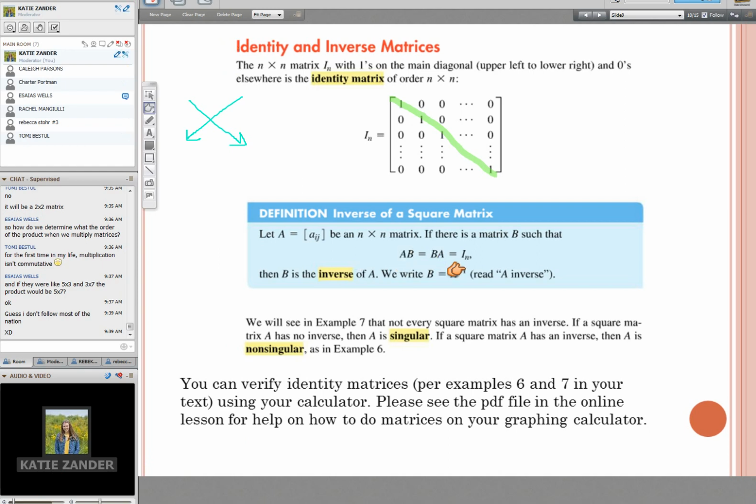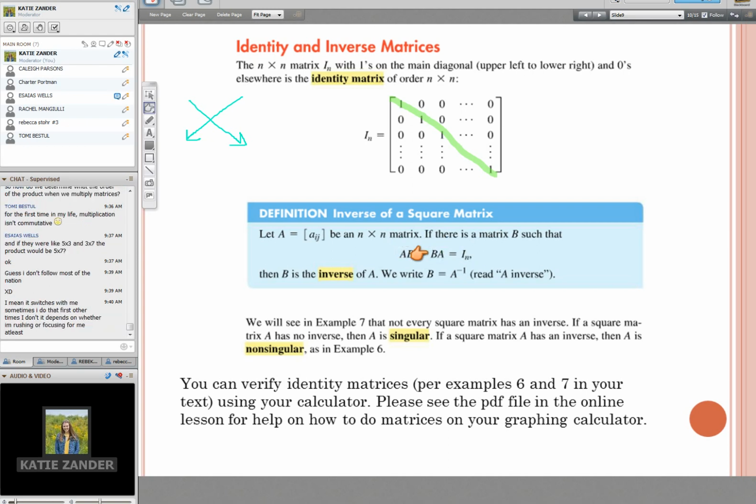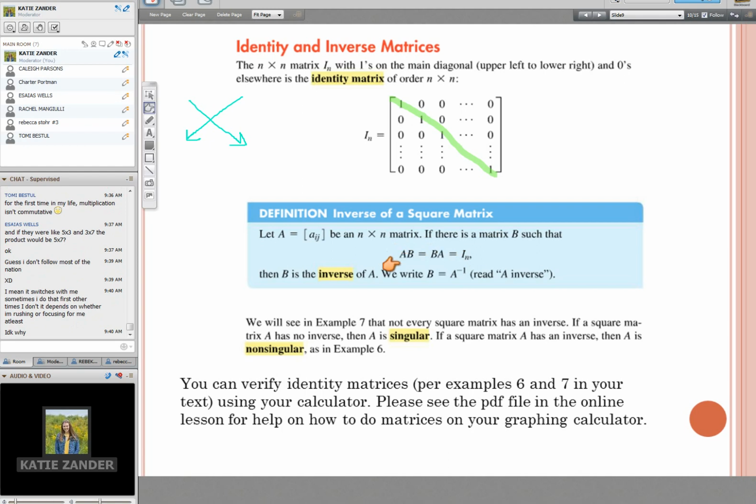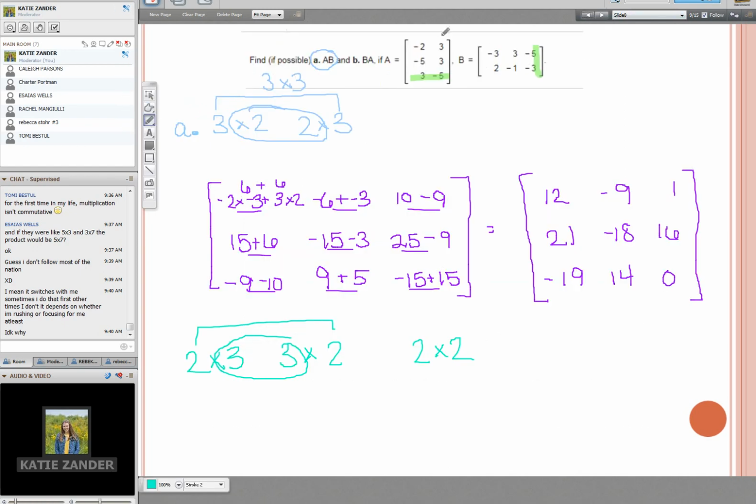Okay. And like I said, the only time where multiplication is commutative, so A times B equals B times A, is if these are inverses of each other. And you'll know that they're inverses of each other because their product will be this identity matrix. So on the last slide, if these would have been inverses of each other, our product would have 1's on the main diagonal and then zeros everywhere else.